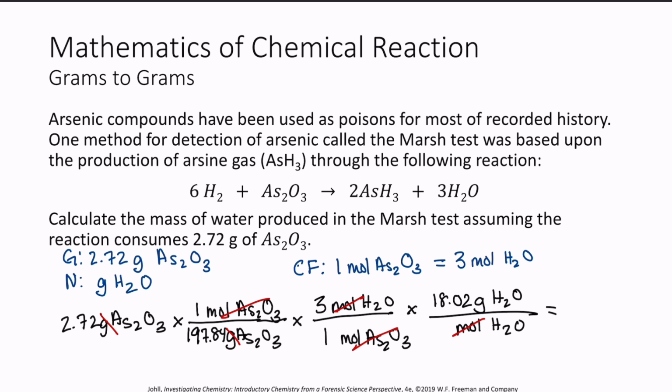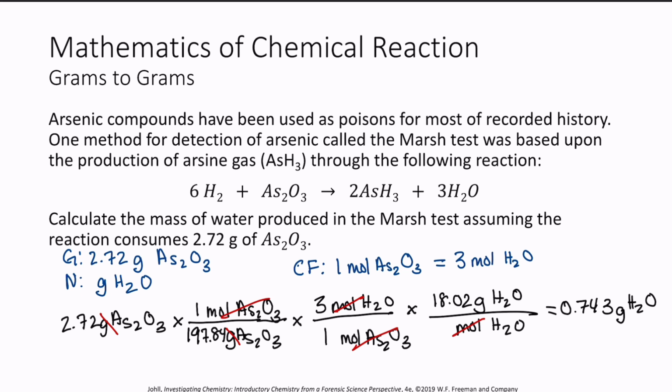Okay, what did you all get? I get 0.743 grams of water. That is stoichiometry right there, using the mole ratio as a conversion factor between two different substances, and then using the molar masses of those substances in order to get to units that we can actually use in lab.